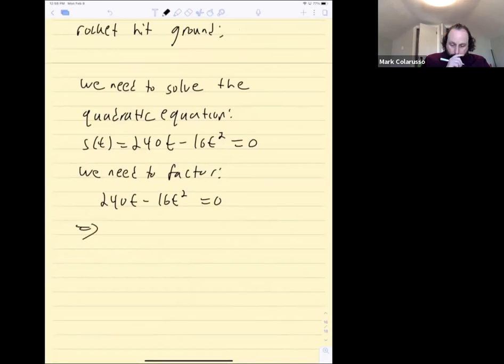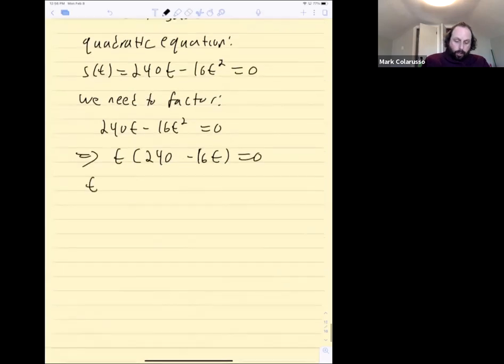So we get t times (240 minus 16t) equals 0. So you have two solutions, t equals 0 and the other is t equals 240 over 16.